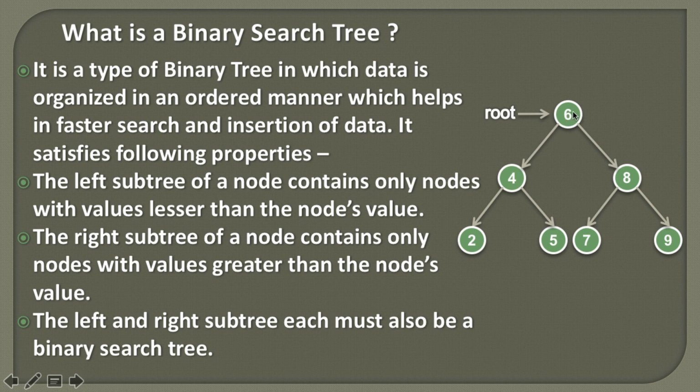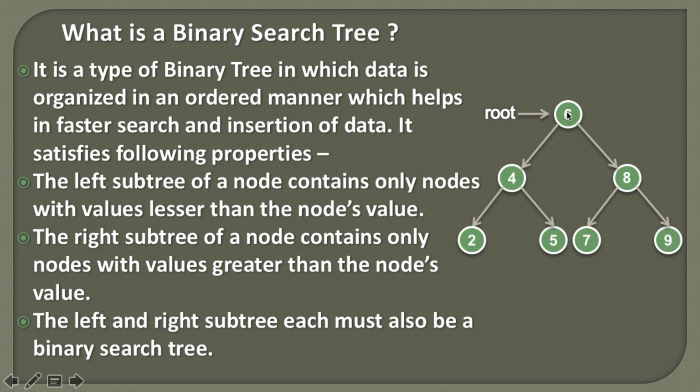So in the binary search tree, we are keeping the data in ordered form: from a particular node, if we go to its left, we will only find values lesser than the node's value, and if we go to its right, we will only find nodes having values greater than the particular node. The third property says the left and the right subtree each must also be a binary search tree.